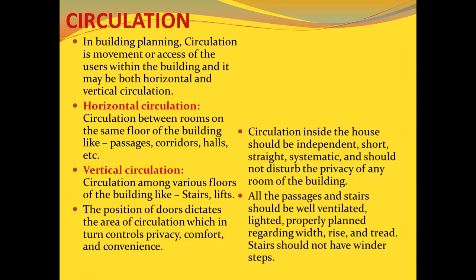Horizontal circulation is between rooms on the same floor of the building, like passage, corridor, hall, etc. Vertical circulation is among the floors of the building: stairs, lift, etc. The position of the floor dictates the area of circulation, which in turn controls the privacy, comfort, and convenience.